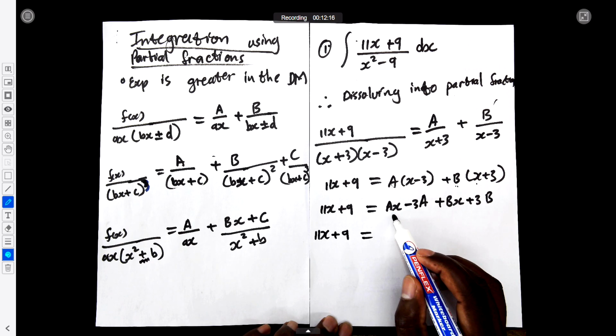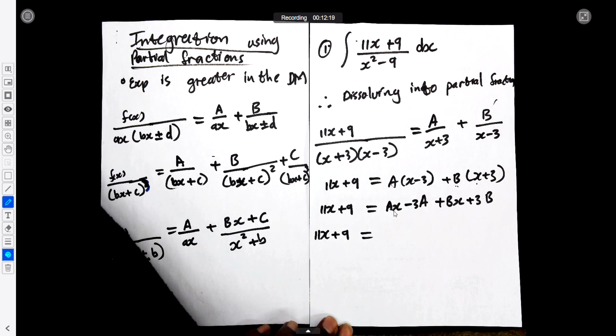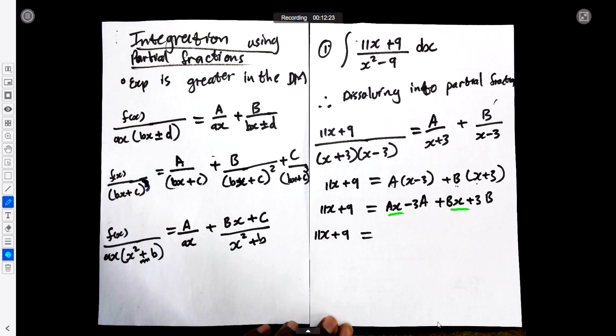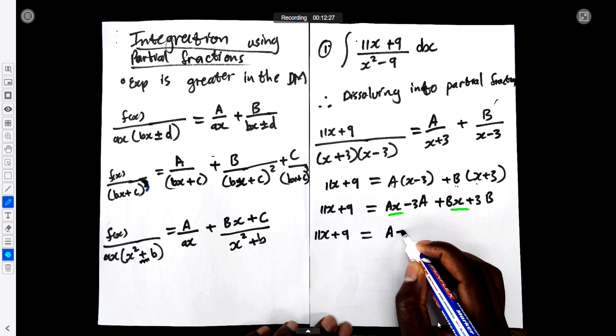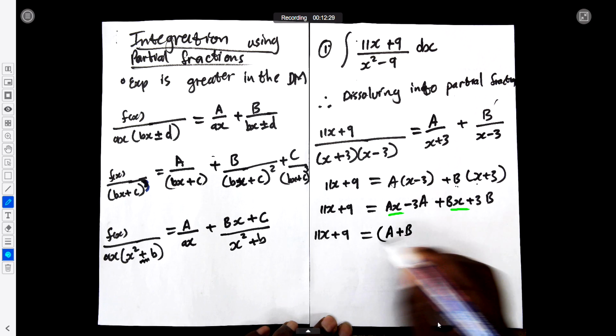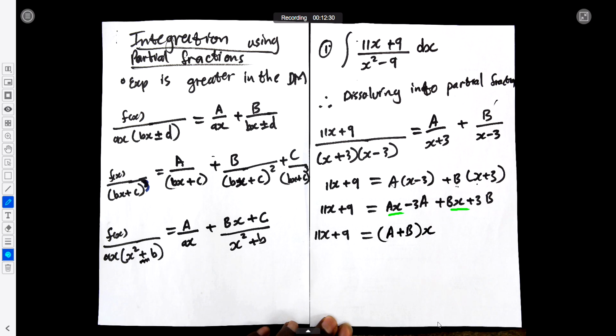I hope you see that these two terms have a common factor, which is x. So we're going to add the two coefficients, A + B, and factor out the common factor x.